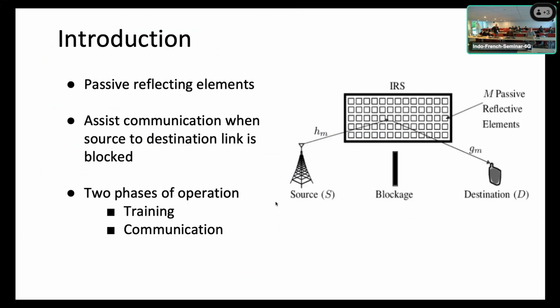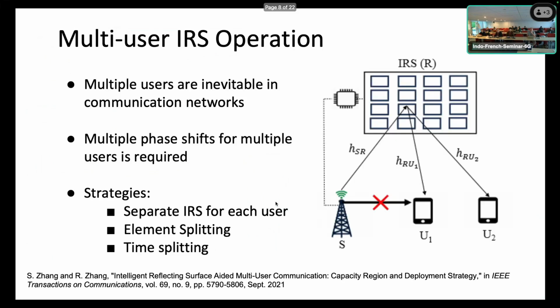So let us start with the IRS. It is already known that it's an array of passive elements that can be reconfigured so that we can get a better signal at the receiver. That is the single user case.